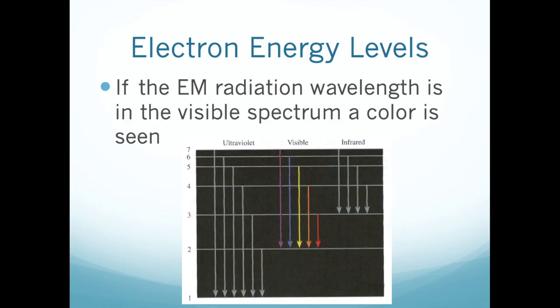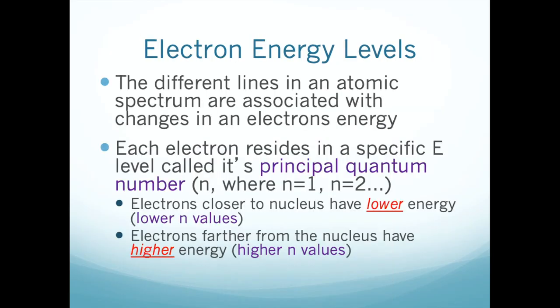Okay, so basically Bohr labeled the orbits with numbers, right? He called the principal quantum number n, and just labeled them 1, 2, 3, etc., going further and further away from the nucleus.